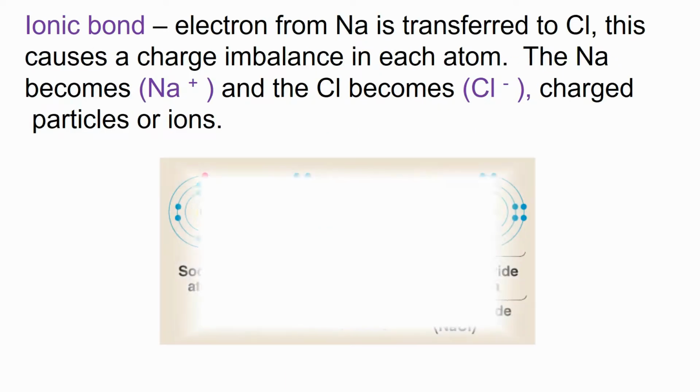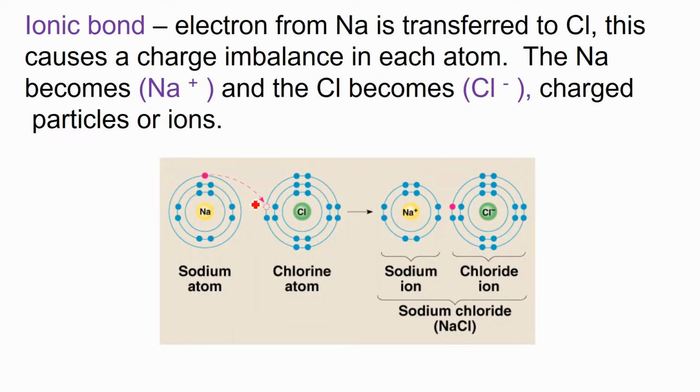Alright, if you draw the circle representation of the electronic configuration of sodium, this is how you'll see it. But in this case we are pairing sodium with chlorine instead of fluorine. Again, the valence electron is transferred to the lone electron in chlorine.